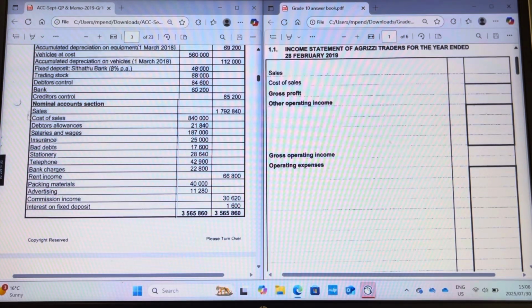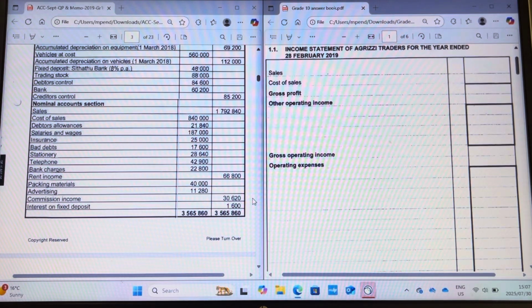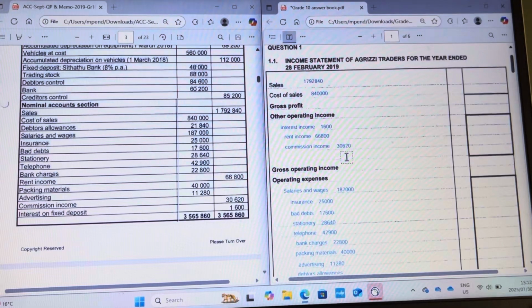So as you can see, we have our sales, cost of sales, debtors, allowances, salaries and wages, and so on, up until interest on fixed deposit. So from this, we can just take these amounts and transfer them over to our income statement before looking at our additional information. Let me just do that quickly. Okay, there we go. So I've included our amounts.